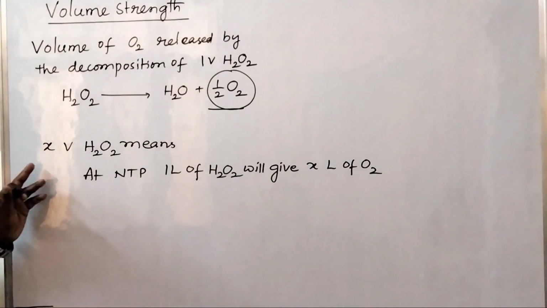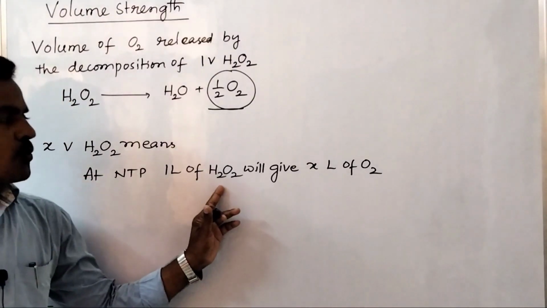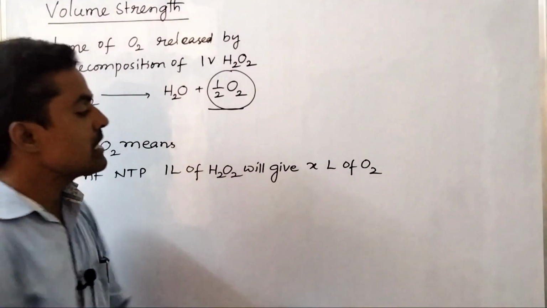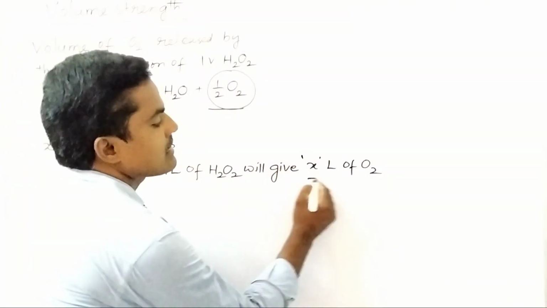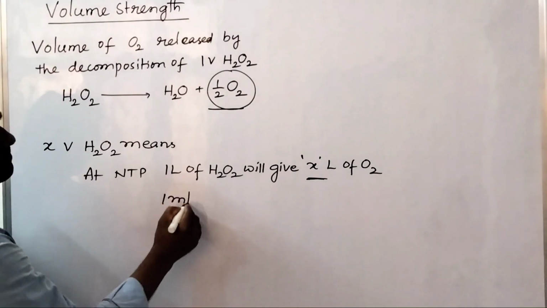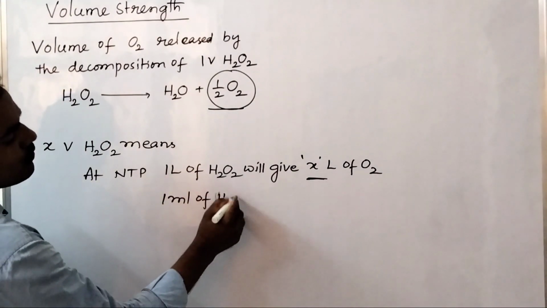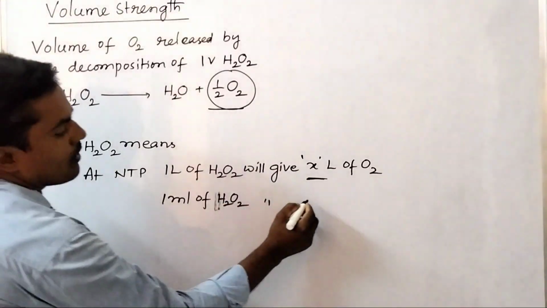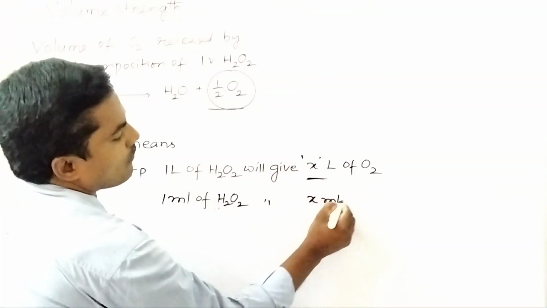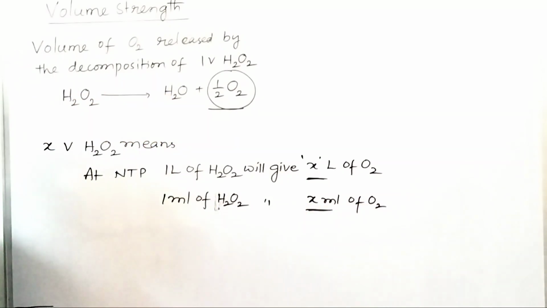Or 1 milliliter of H2O2 will give X milliliters of oxygen.